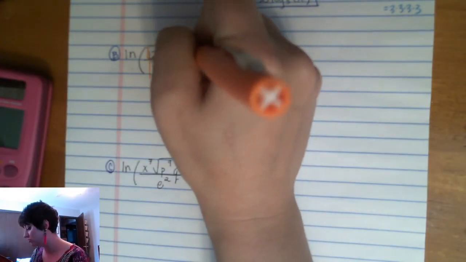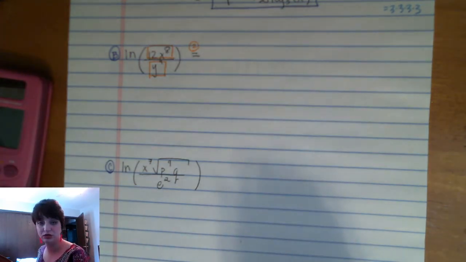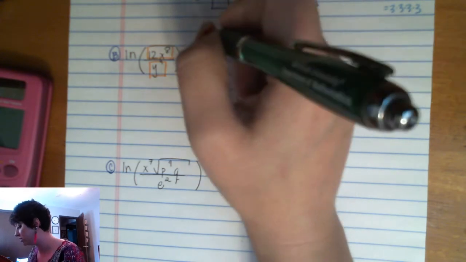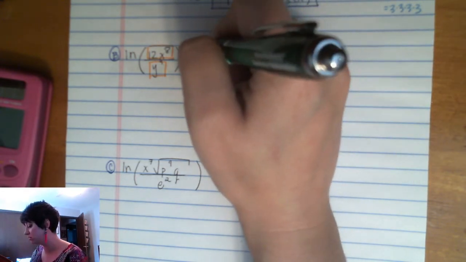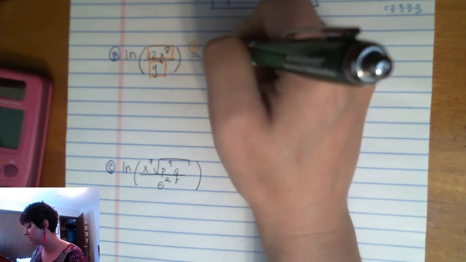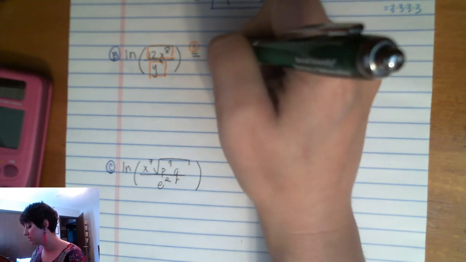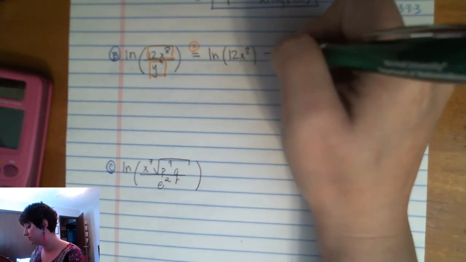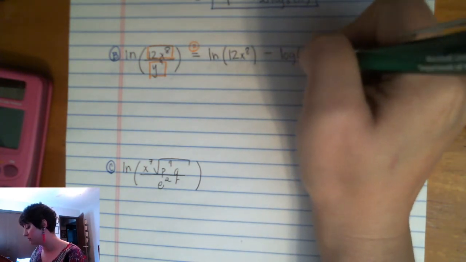So rule 2 says that a log of a quotient is a difference of logs. So instead of having something over something, I'm going to have log of the top minus log of the bottom.